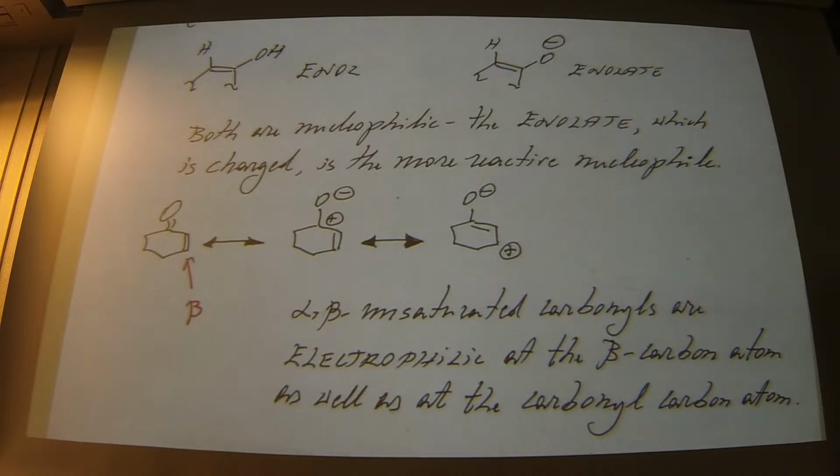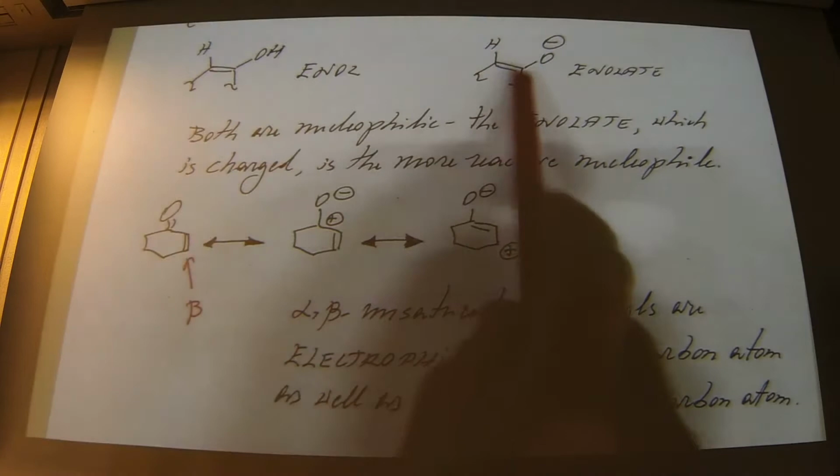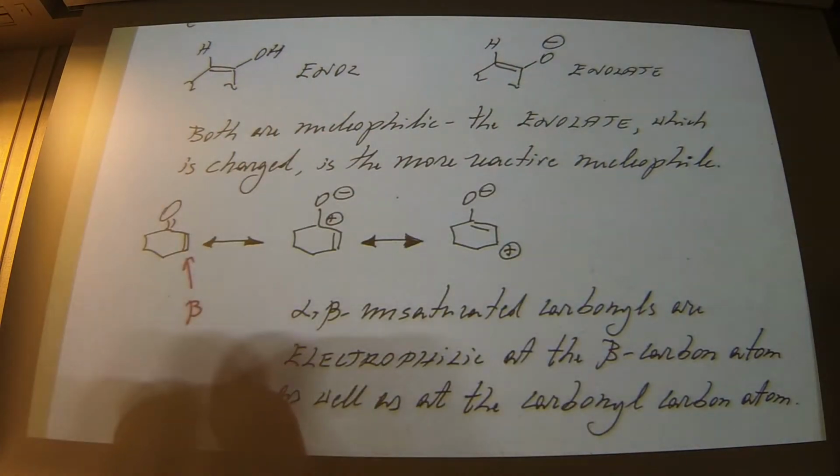We said that if you had two nucleophiles with the same nucleophilic atoms, carbon and carbon, oxygen and oxygen, and so on, and one of them has a charge and one does not, then the one that is charged is going to be the stronger nucleophile. The one that is uncharged will be a less reactive nucleophile.